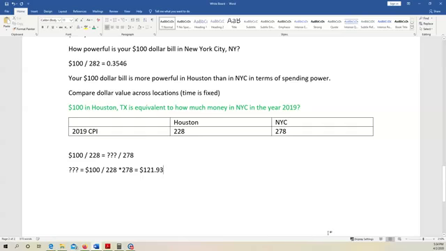The answer is $121.93. So that means in the year 2019, making 100 US dollars in Houston is equivalent to making how much money? $121.93 in New York City.